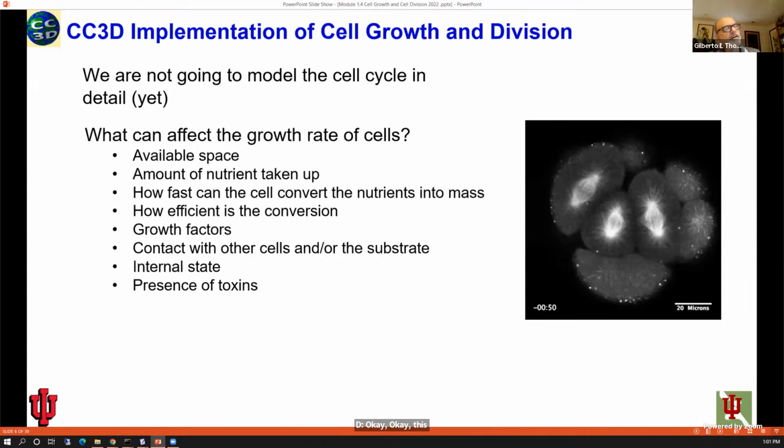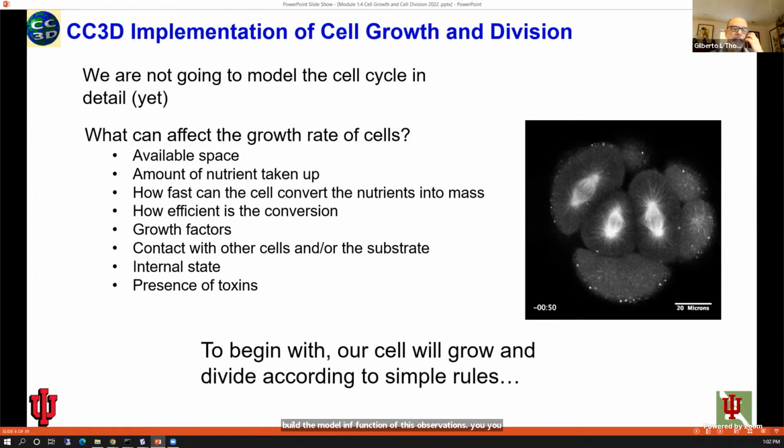This first slide I already talked about yesterday. James also has talked today about how, if you want to build a model, you have to analyze everything from your experiment to reproduce the situation as best you can. And you have to build the model as a function of these observations you make, okay?